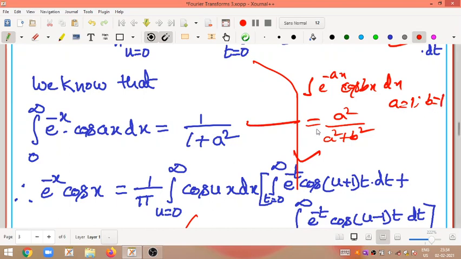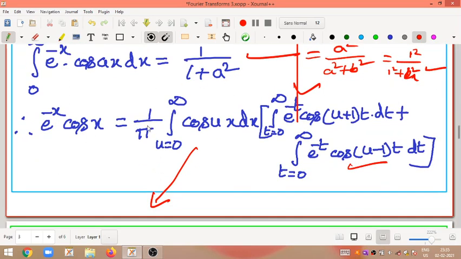B value also 1. So that's why here apply it: 1 by 1 plus b square. B value 1, a value 1. B is equal to a.